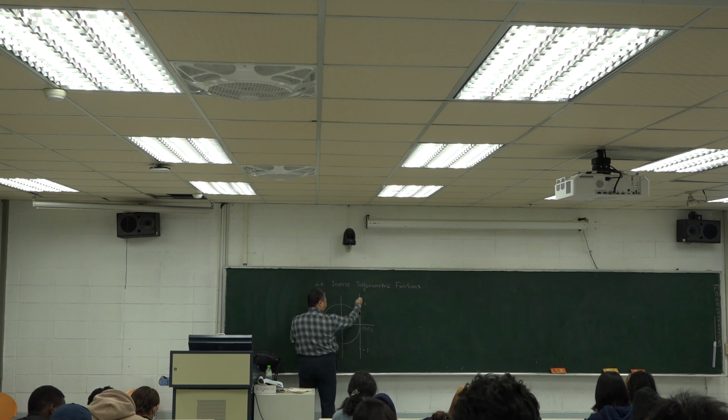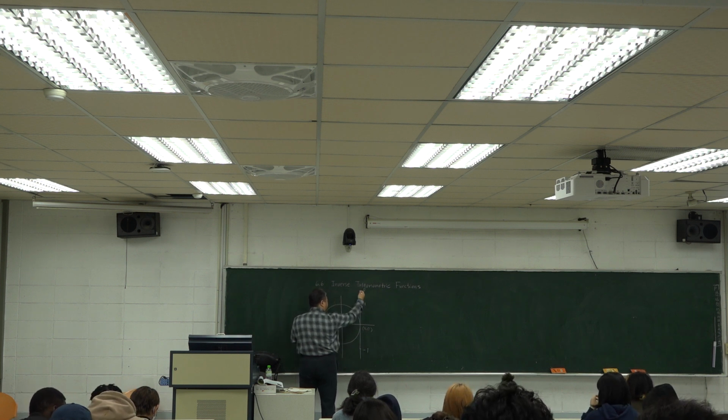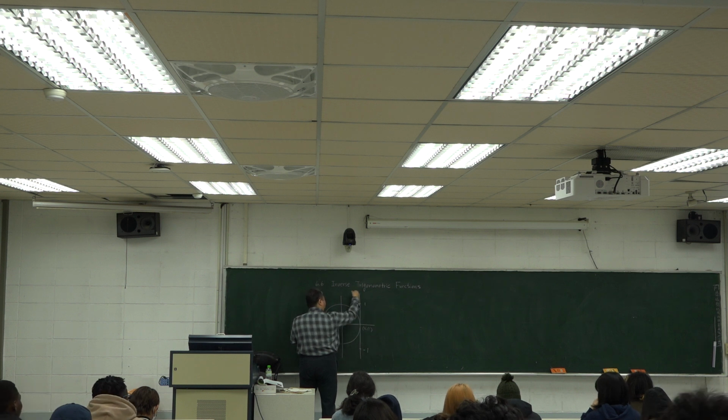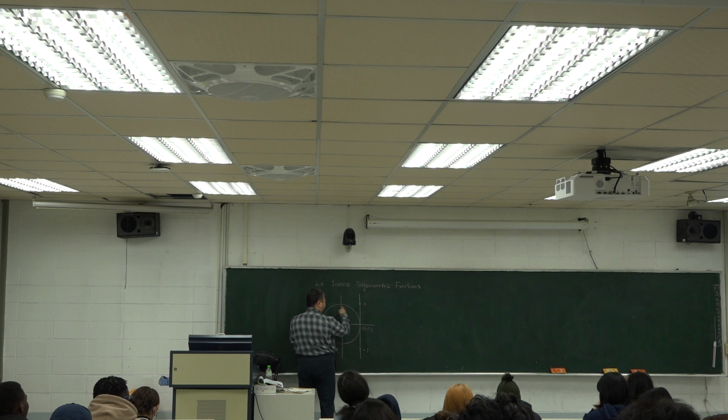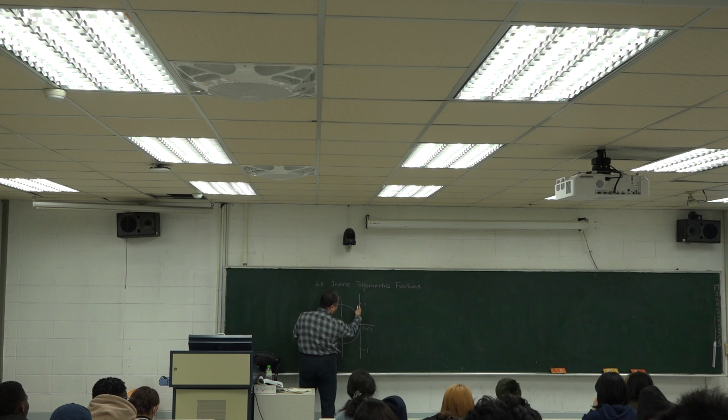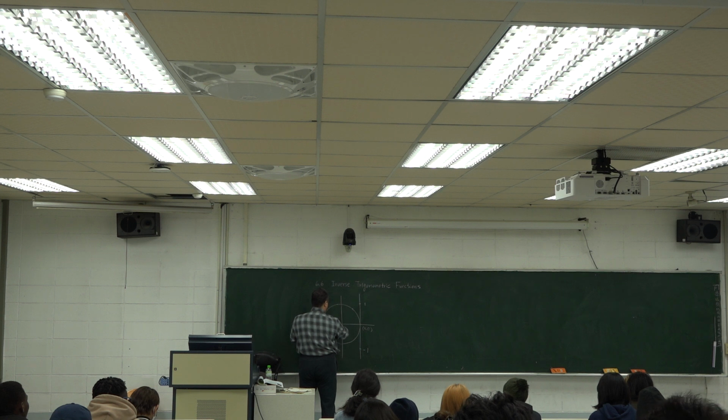And we bend the line around this unit circle so that the arc length is 1, arc length is 2, arc length is 3, and so on.